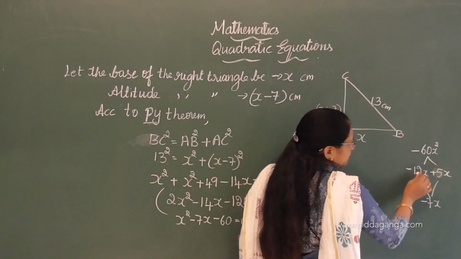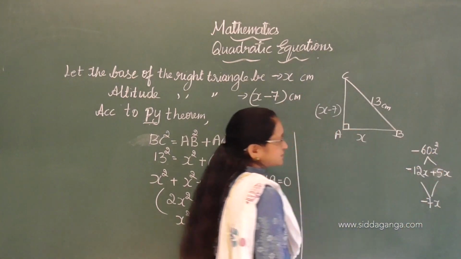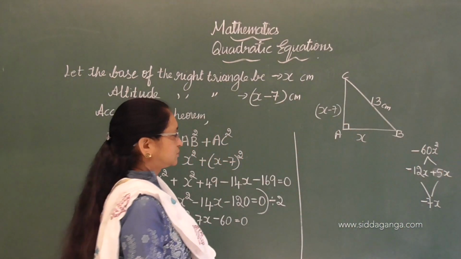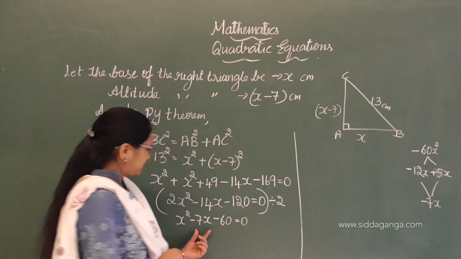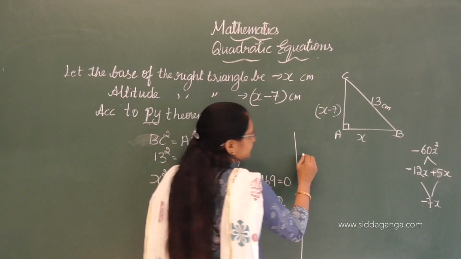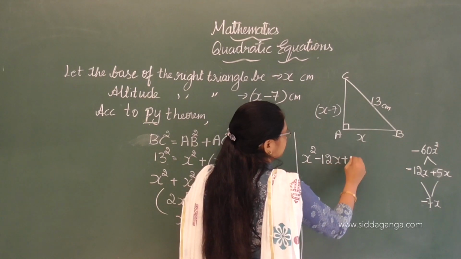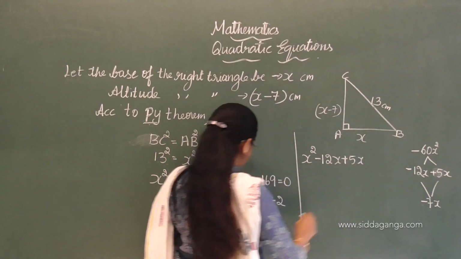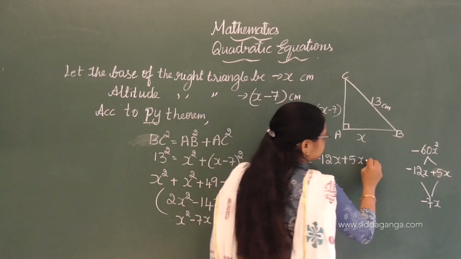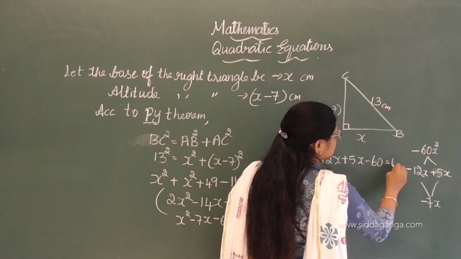Now here plus into minus, 12 5s are 60. So the middle term can be split like this: x square minus 12x plus 5x, then minus 60 is equal to 0.